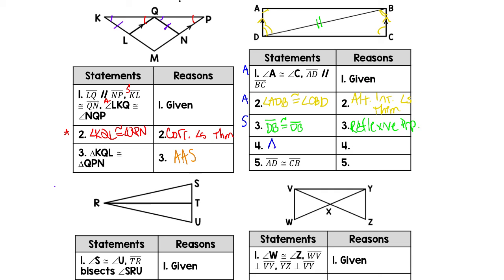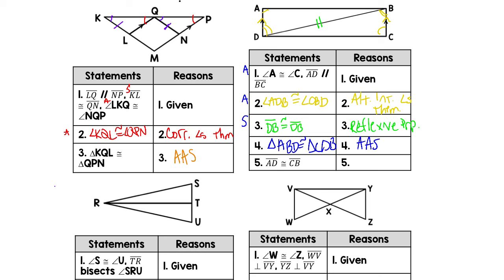So we can say that triangle ABD is congruent to triangle CDB because of angle side congruence.